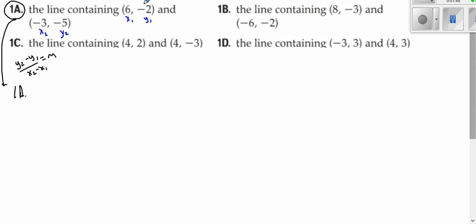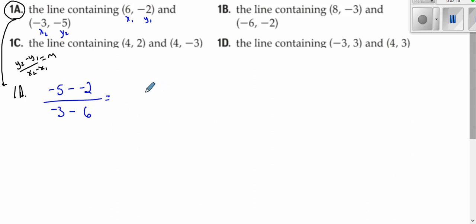So I go y2 minus y1. Oh, I said that, and then I just did it backwards. Where's my eraser? Let's try that again. y2, negative 5, minus y1, negative 2, minus a negative 2, over x2, negative 3, minus x1, which is 6.